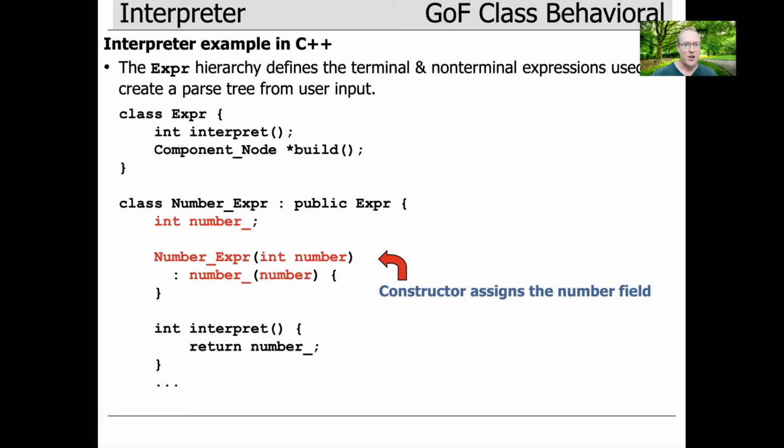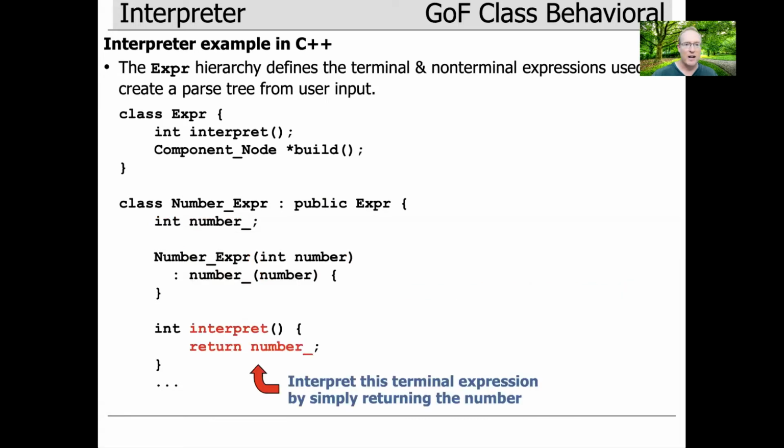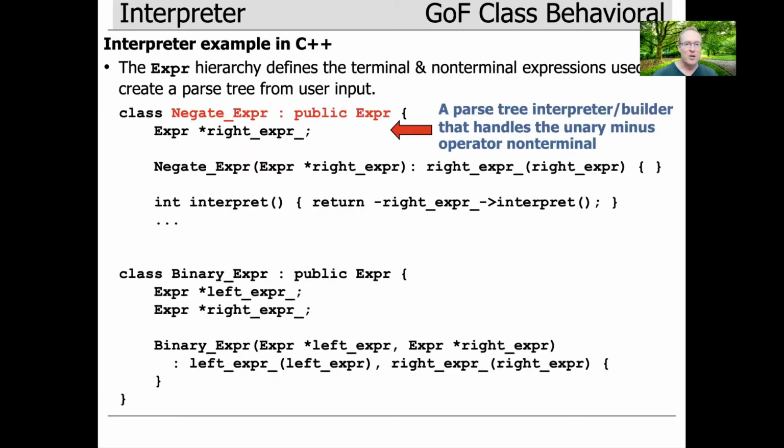The way this works under the hood is it has a single data member called number, which is set by the constructor. And when we interpret a number expr, it simply goes ahead and returns the number as the result of the interpret method. So that one, of course, is very, very simple. Let's now take a look at something a little bit more complicated, which is negate expr. Negate expr also inherits from the expr abstract base class, but it defines a data member called right expr, which is its child.